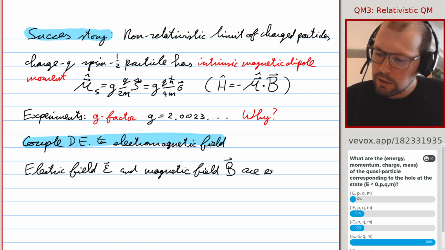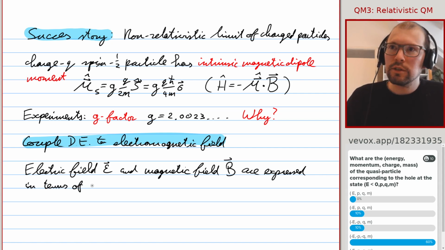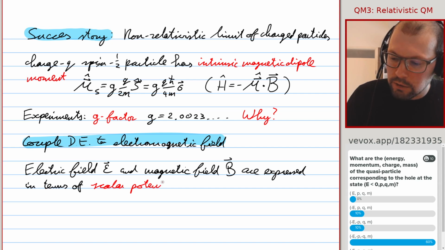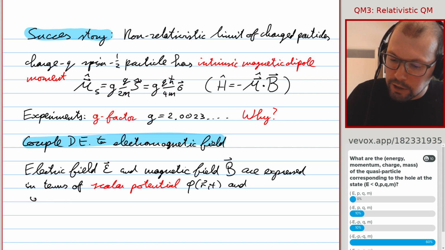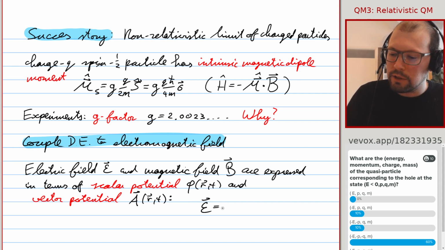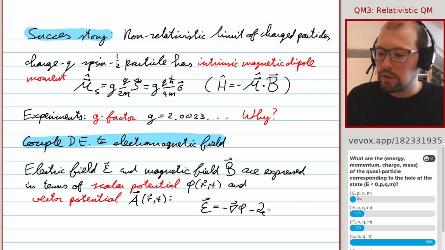So they are expressed in terms of the scalar potential phi and the vector potential A. It also depends on space and time through the electric field being minus the gradient of the scalar potential minus the time derivative of the vector potential.